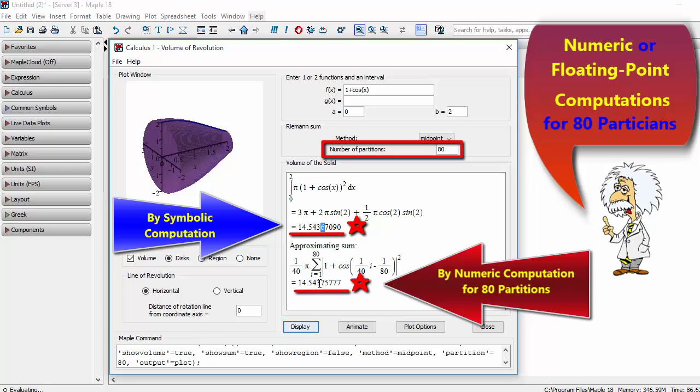As we can see, when the number of partitions, disks, is increasing, the results of numeric computation approach the result of symbolic computation. Finally, if there is a sufficient number of partitions, disks, then the results of numeric and symbolic computations are the same.